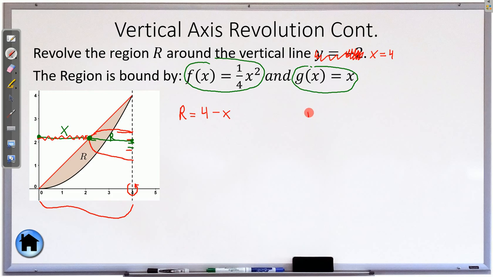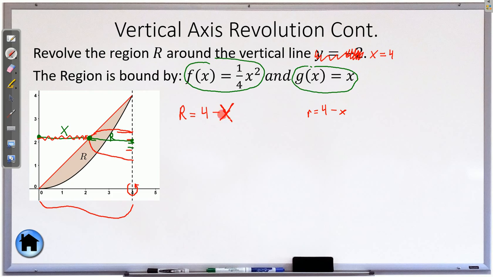And little r will be equal to the other 4 minus x. Maybe if I make that x small and this x big, you'll see the difference there between them. All right, so 4 minus big X, 4 minus little x will give us both of those.